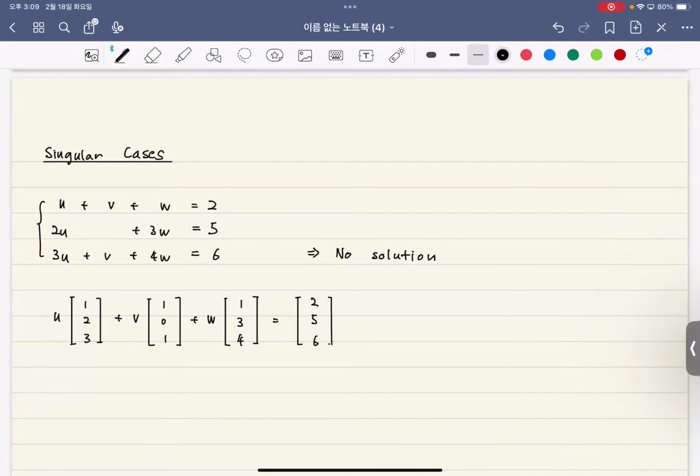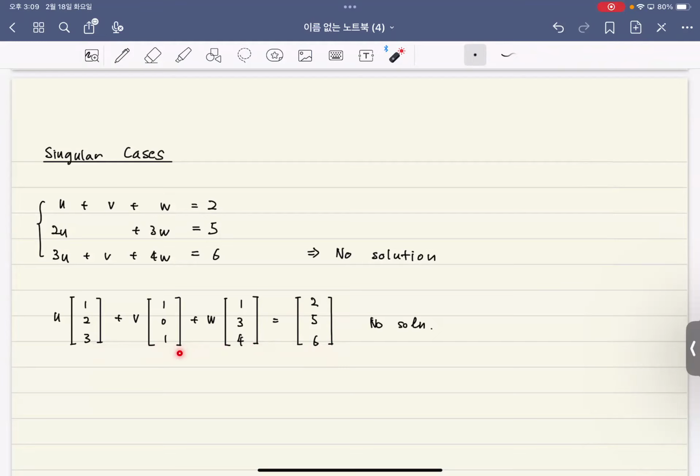In the column picture, having no solution means that you can never achieve this vector as a linear combination of these three column vectors, right?